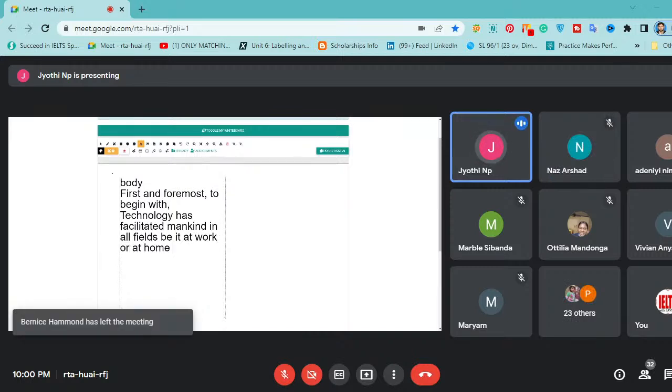I'm just giving an example. Now this is a main point, right? Here I have told what I'm going to talk about in the paragraph.